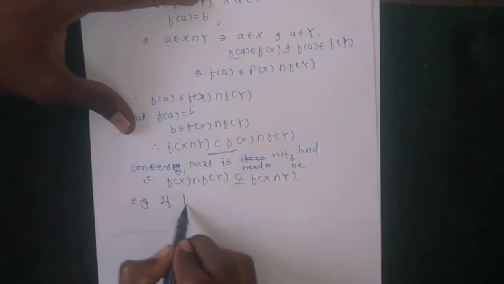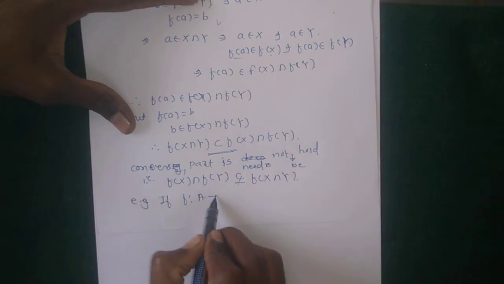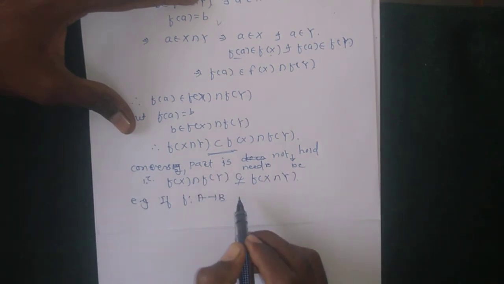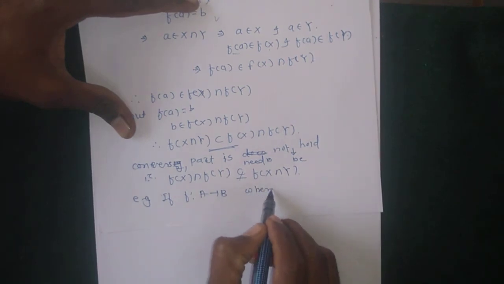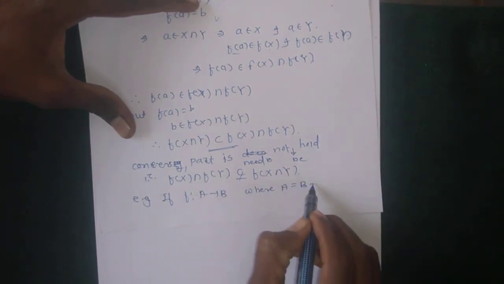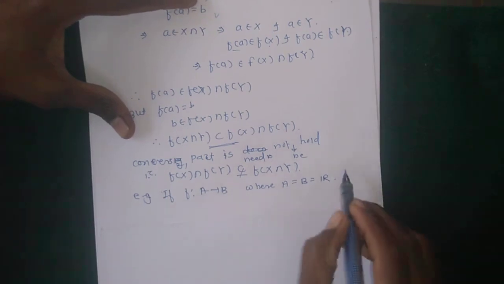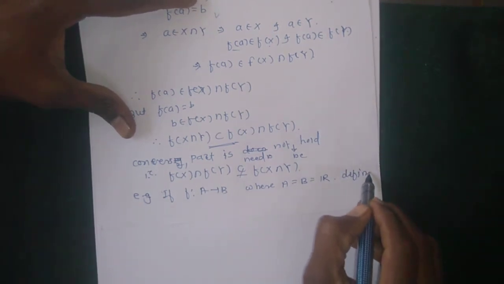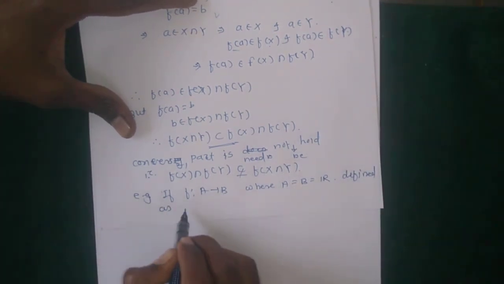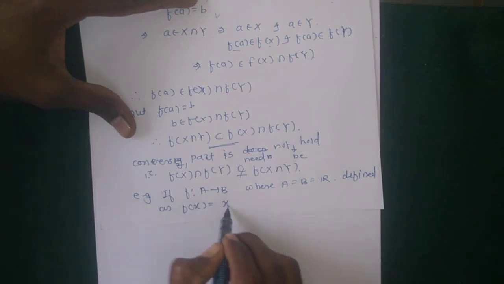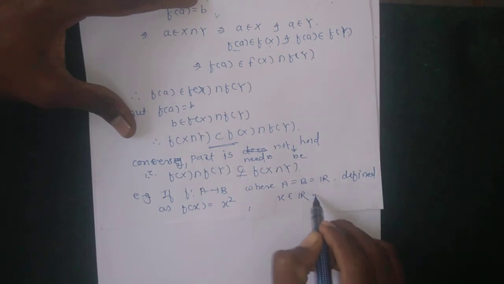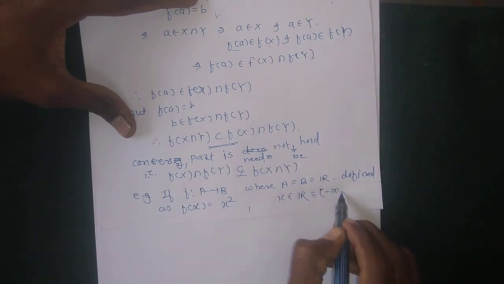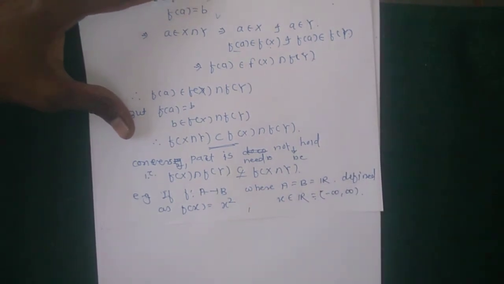Let f from A to B, where A is equal to B is equal to the set of real numbers, be defined as f of x is equal to x square, where x belongs to the set of real numbers. The set of real numbers is the interval from minus infinity to plus infinity.